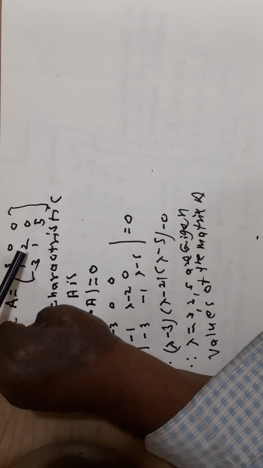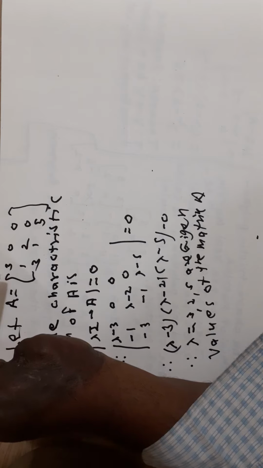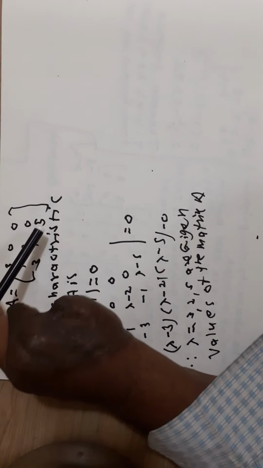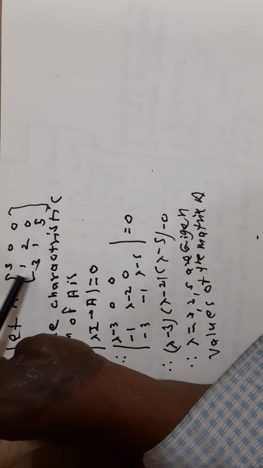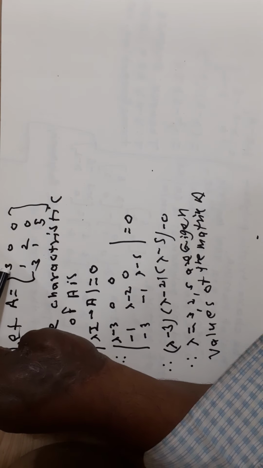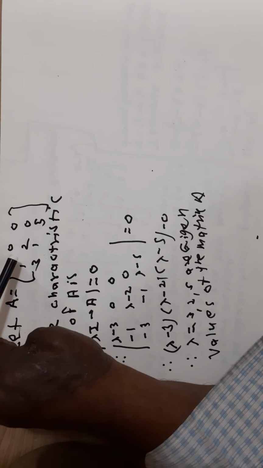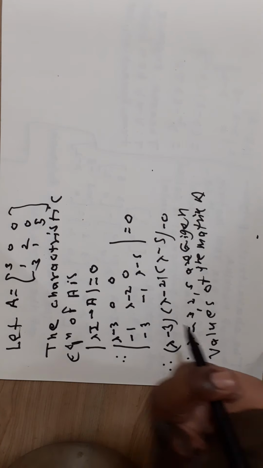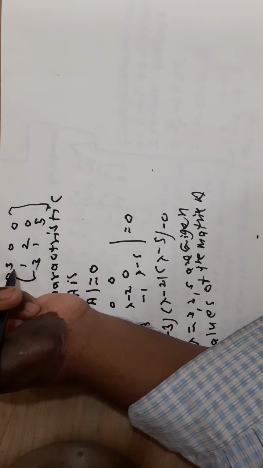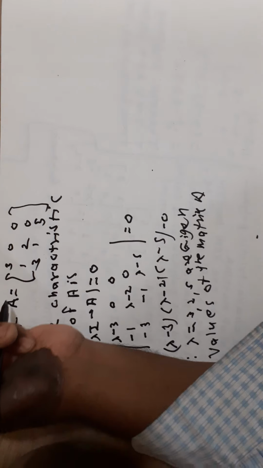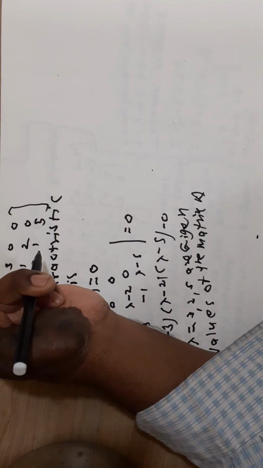The determinant of such a matrix is the product of the diagonal elements, and therefore the eigenvalues are exactly the diagonal elements of that matrix. Here the main diagonal entries are 3, 2, 5, so the eigenvalues of the matrix A are 3, 2, 5.